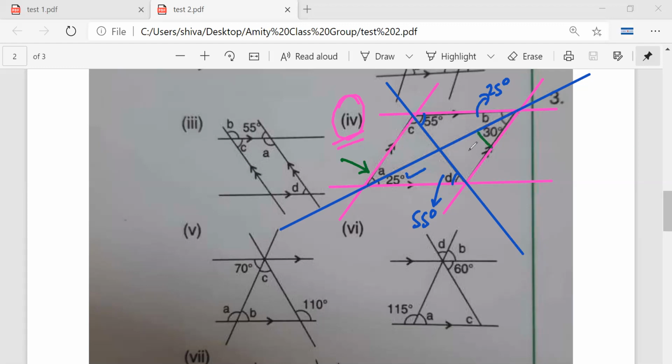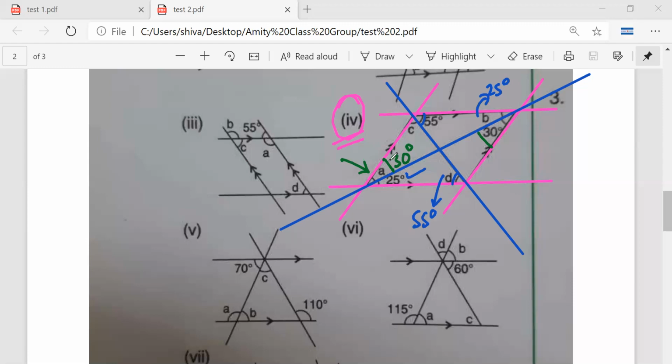So if this is 30, then this would be 30. And Mr. Satya, what would be C? Then, sir, C will also be 30. Why will it be 30? Because it's forming an F. F with which? No, sir, it's not forming an F.